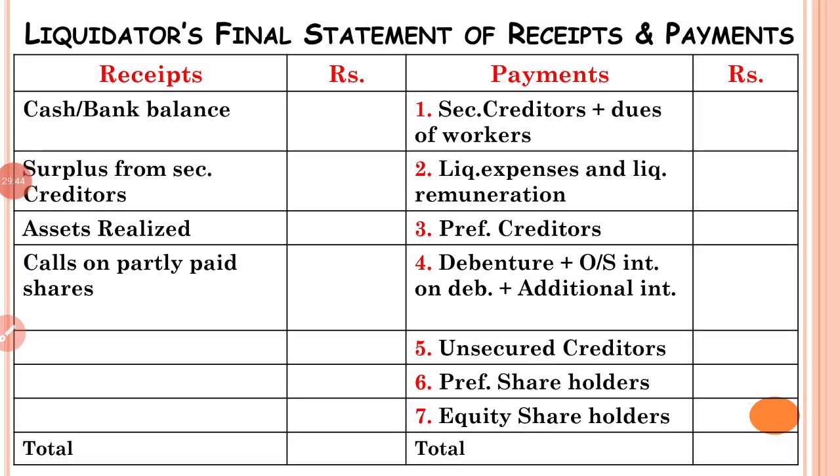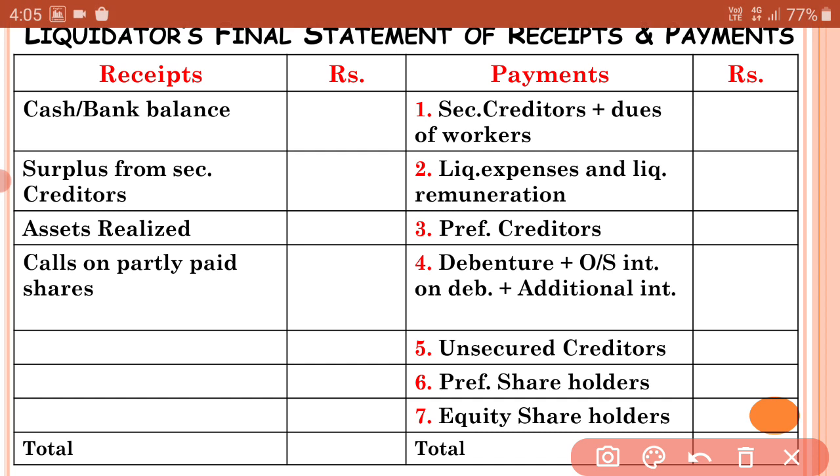Next, liquidator's final statement of receipts and payments, it's compulsory. In the liquidator's final statement of receipts and payments, first you write cash, here 10,000 as per the given in the asset side.